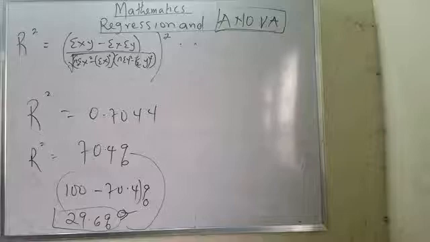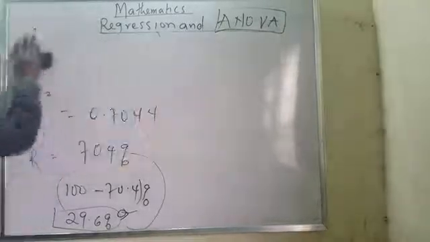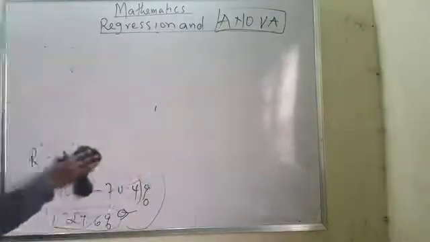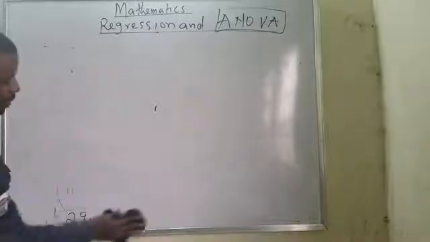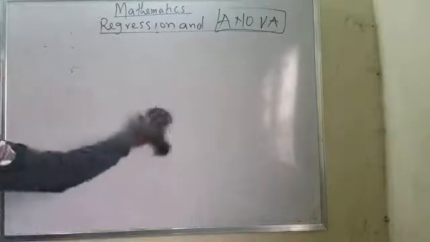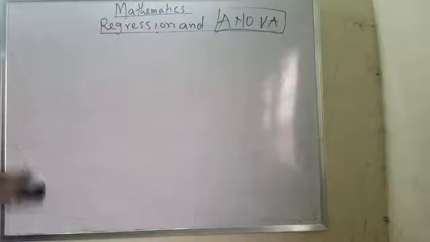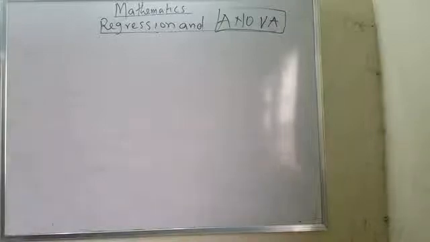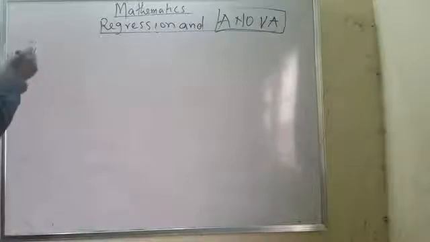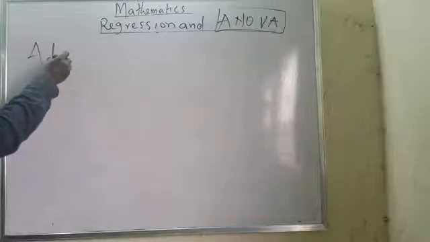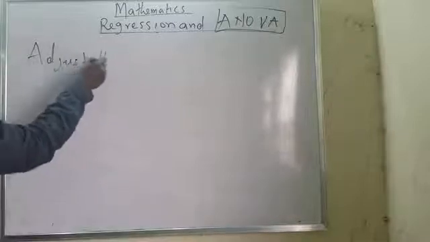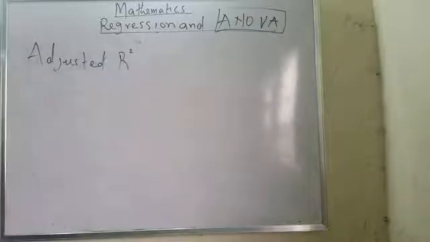Now, the next thing I want you to understand: I've talked about R squared, I've talked about R, and also how to generate the percentage level. Now we have to understand what is called adjusted R squared.